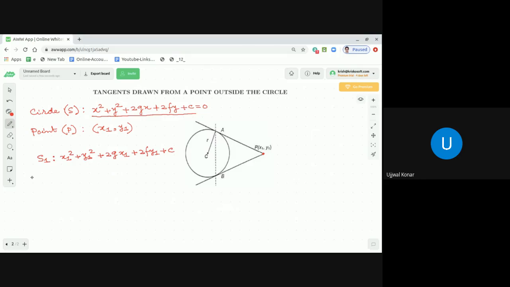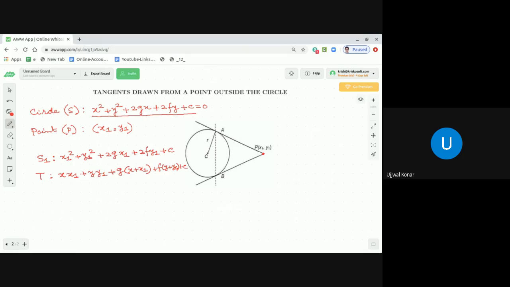Another expression, and the last expression we are going to find, is T. You know what T is? T is the expression x into x1 plus y into y1 plus g into (x plus x1) plus f into (y plus y1) plus c.